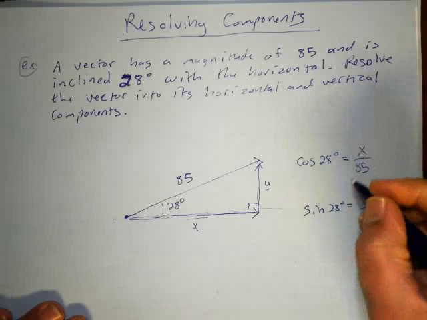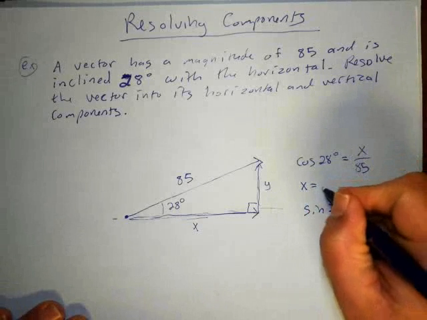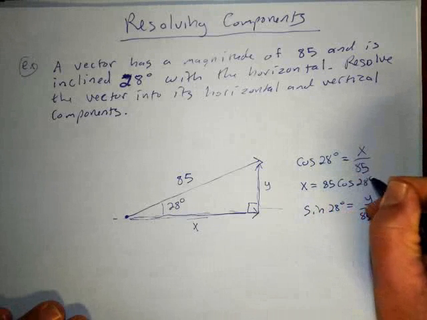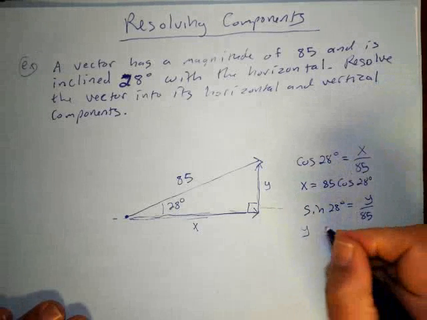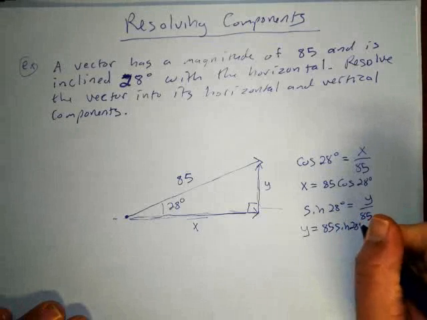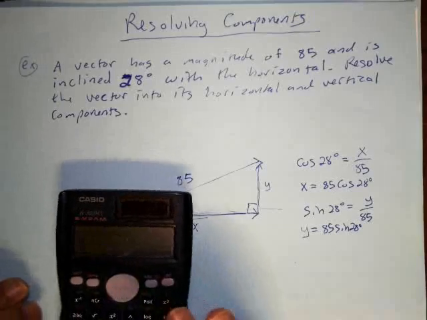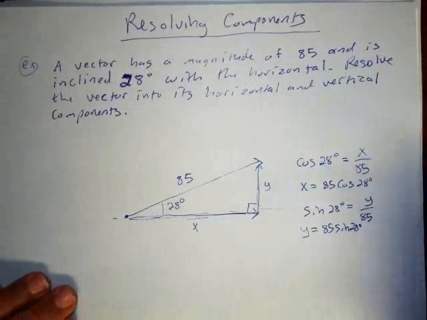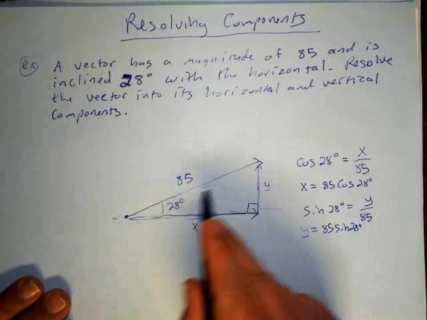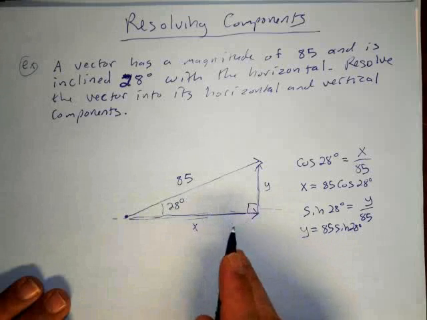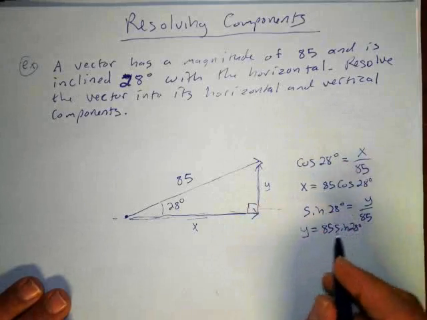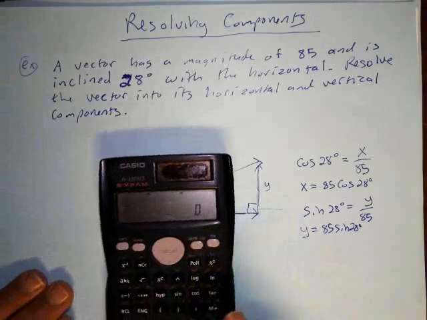So I can solve this for x, and I get x equals 85 times the cosine of 28 degrees, and y equals 85 times the sine of 28 degrees. So to get the horizontal component, it's just the magnitude of the vector times the cosine of the angle, and the vertical component is the magnitude of the vector times the sine of the angle.